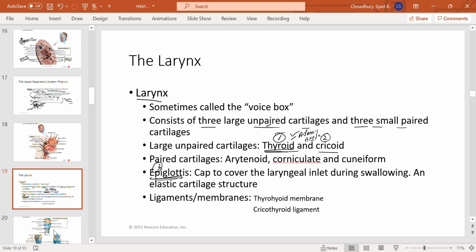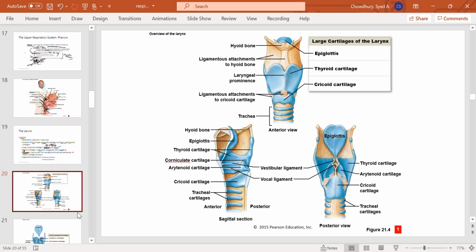After adolescence, the cartilage gets larger because it is sensitive to testosterone, the male sex hormone. Okay, so it gets larger in presence of testosterone. And cricoid is the second larger one. Okay, and paired cartilages are arytenoid, corniculate, and cuneiform. Those are smaller and two in each type.